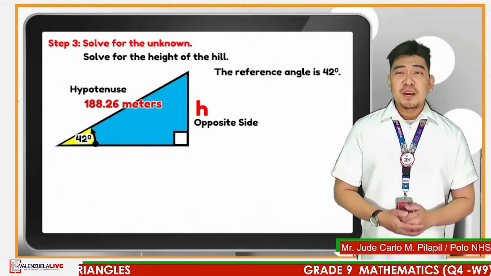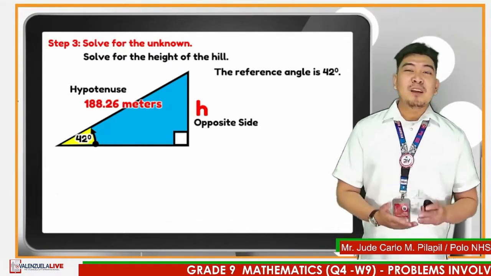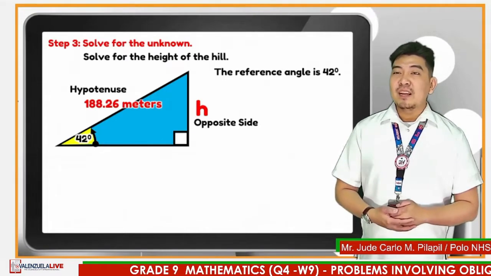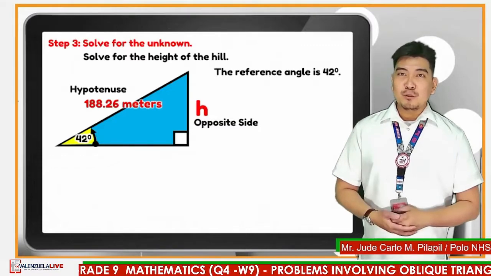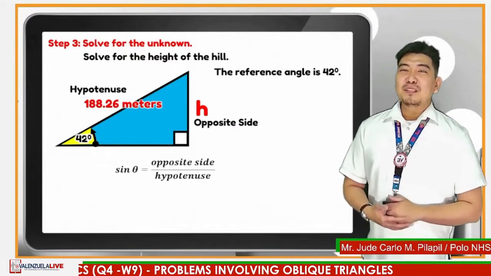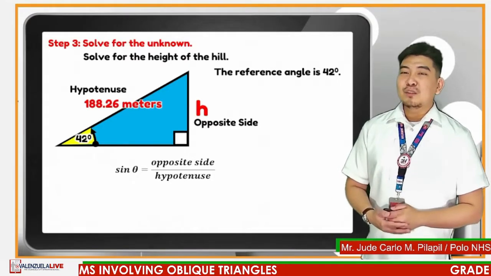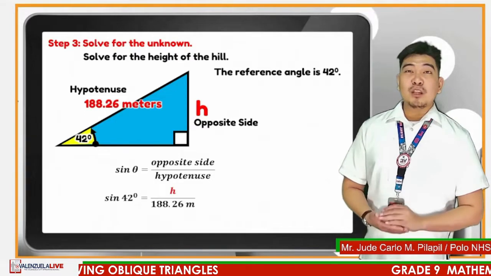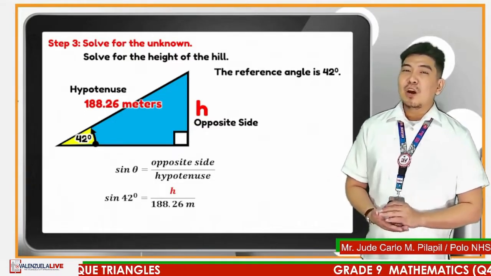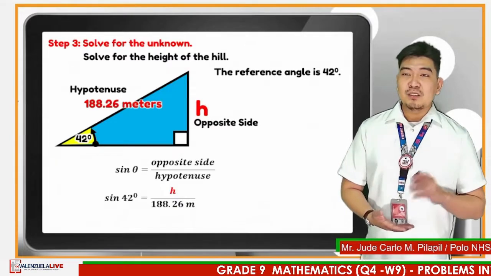What trigonometric ratio should we use to relate the opposite side and the hypotenuse of the right triangle given the reference angle 42 degrees? Precisely, we will use the sine ratio. Substituting the given values, we obtain sine 42 degrees is equal to h over 188 and 26 hundredths meters.